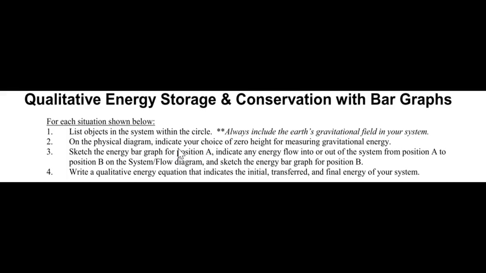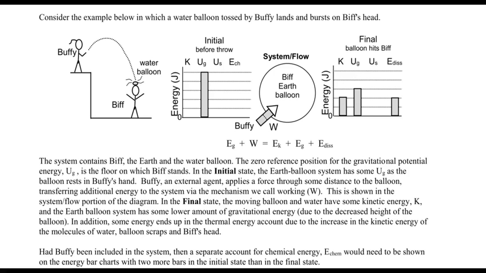Then we sketch an energy bar graph for the initial position, and then one for the final position. If there's any energy flow in or out of the system, we use an arrow in or out of the system. And then finally, we can write a qualitative energy equation for the energies that have been stored and transferred within the system.